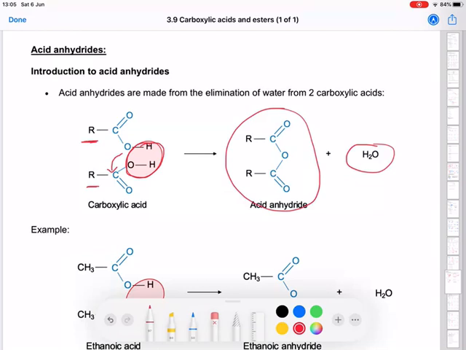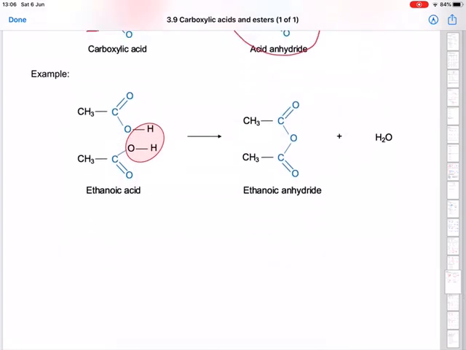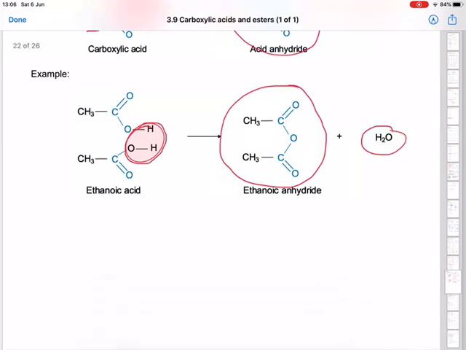These R groups are usually, but not exclusively, the same. And for us anyway, when we name them, we're going to assume that they are the same, okay? So here's an example with ethanoic acid. When ethanoic acid dehydrates or removes water, there's the water over there, we get this molecule here, which is called ethanoic anhydride, okay?